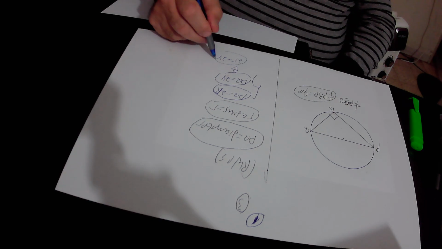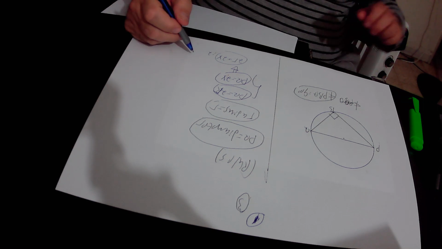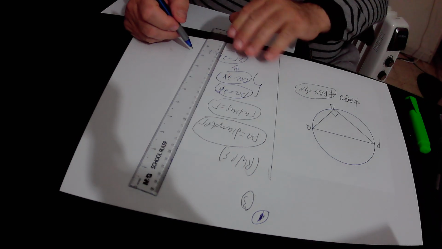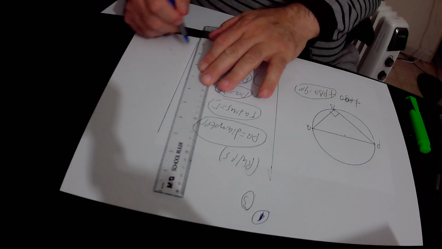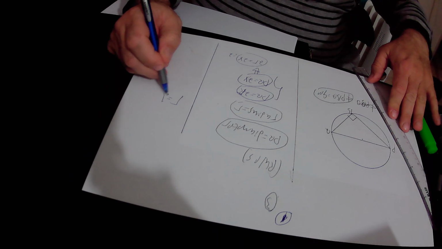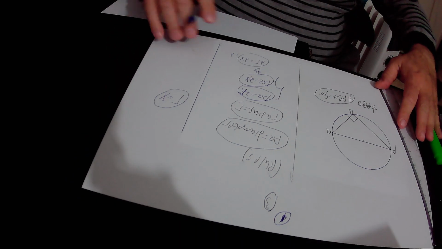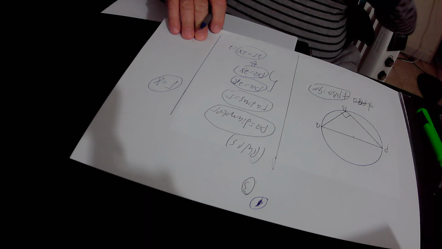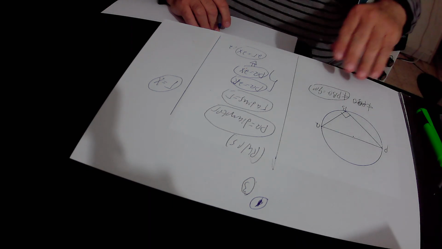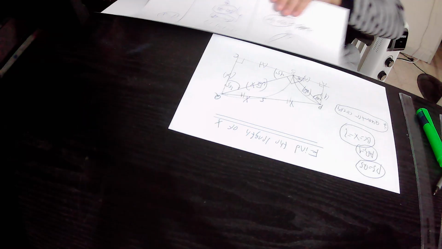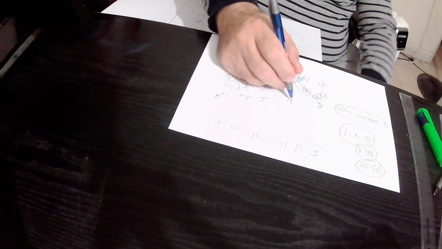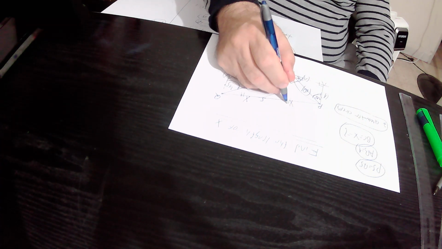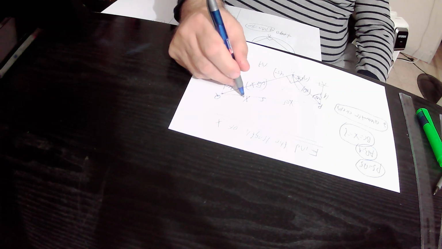We will divide this equation by 2, and finally we get that R equals X. Okay, R equals X. So the radius of this circle equals X. So here we can write down that X equals R, and here also X equals R.